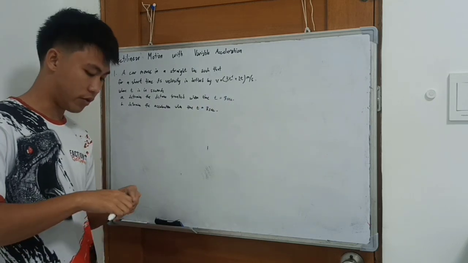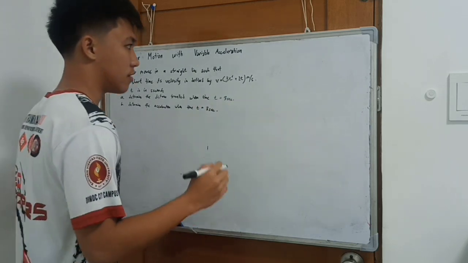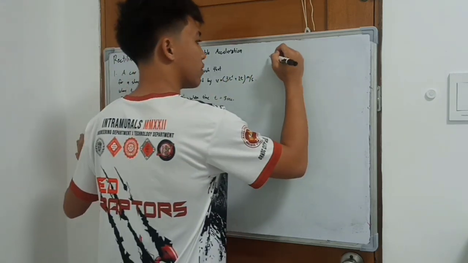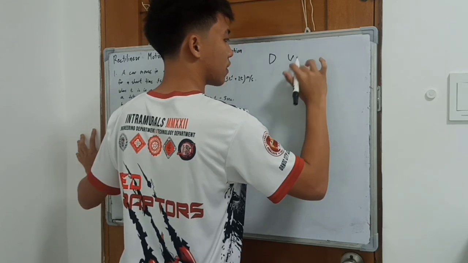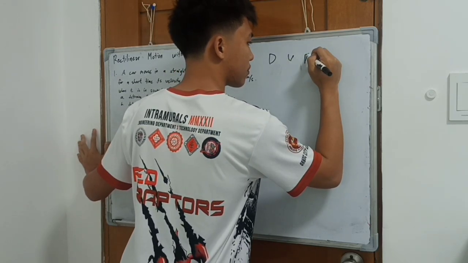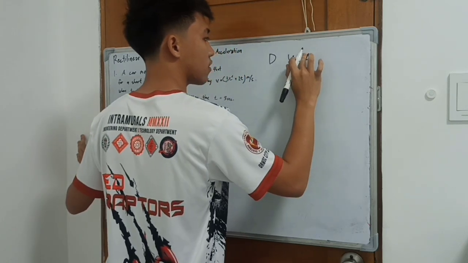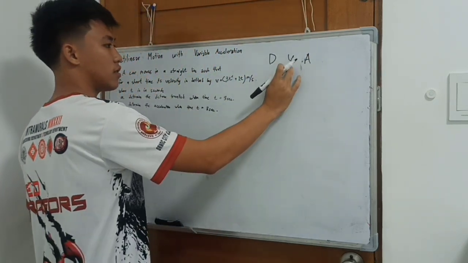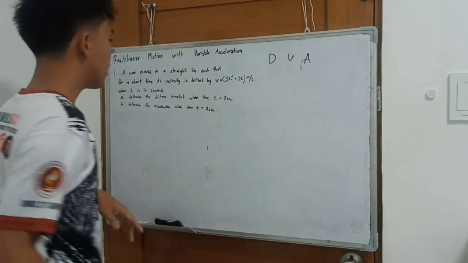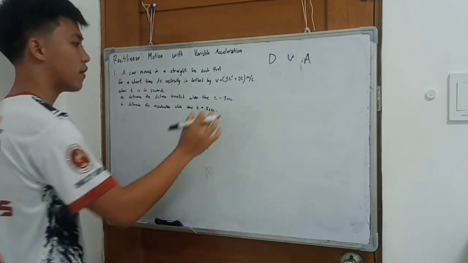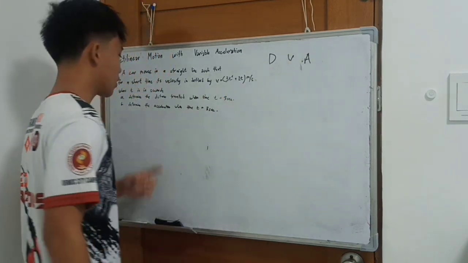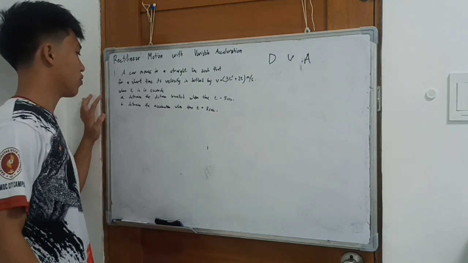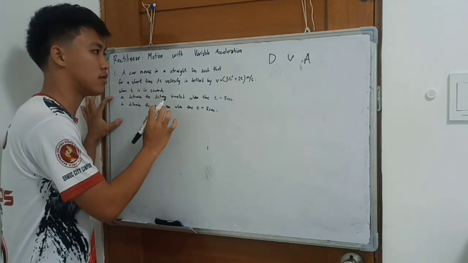All we have to do is know this concept for distance, velocity, and acceleration. We know the function is from velocity, and we're finding the distance traveled.